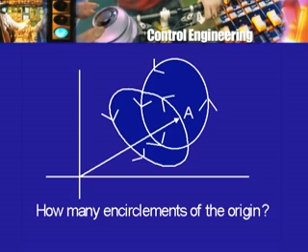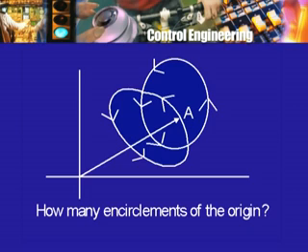Starting from A, go this way, and now not come here, but go this way, go here, now not go this way, but go this way, go around here, then come here, then not go this way, but come here, and then come back to A. Now this is not a simple closed curve, it's a closed curve, because I have come back to the starting point and I have moved continuously, there is no break in the curve, but it's not simple any longer, because as we can see, the curve intersects itself in a number of places. There are 1, 2, and 3 points of intersection. So this is not a simple closed curve.